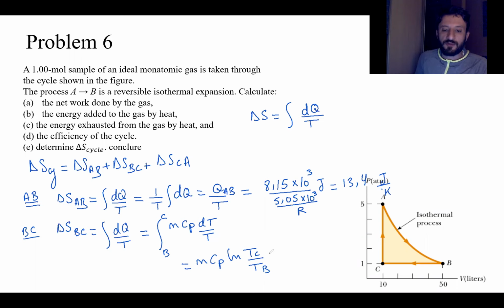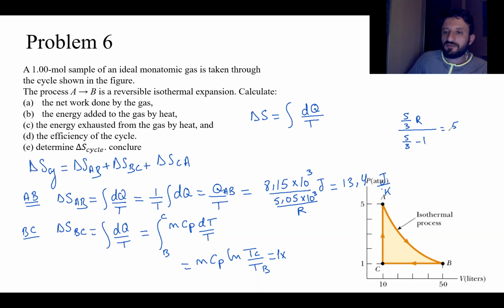We have n equals 1, and Cp we calculated before, equals gamma R divided by gamma minus 1, which is 5 over 3 R divided by 5 over 3 minus 1.